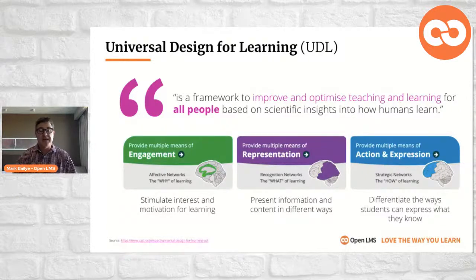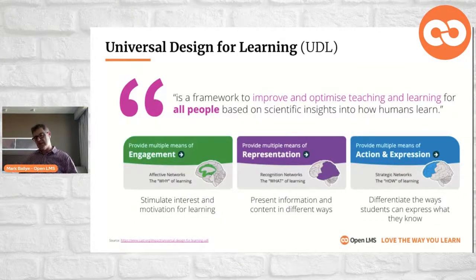The second area is representation, the what of learning: how are we going to present information and content in different ways? The third area is action and expression, the how of learning: how do we differentiate the way students can express what they know?